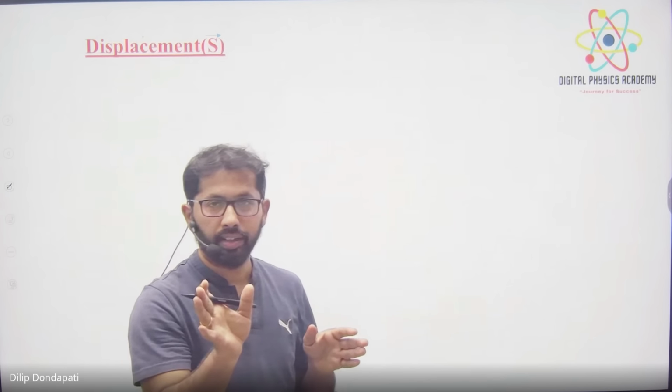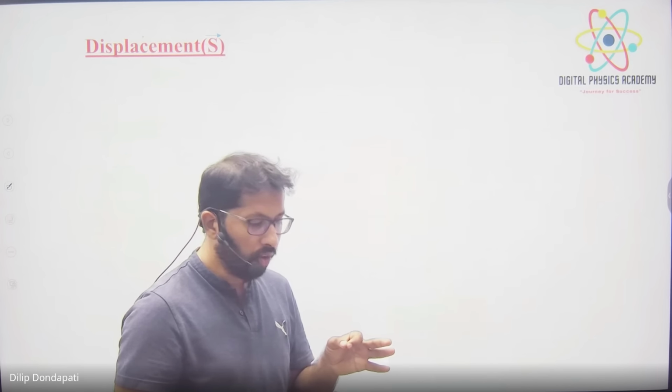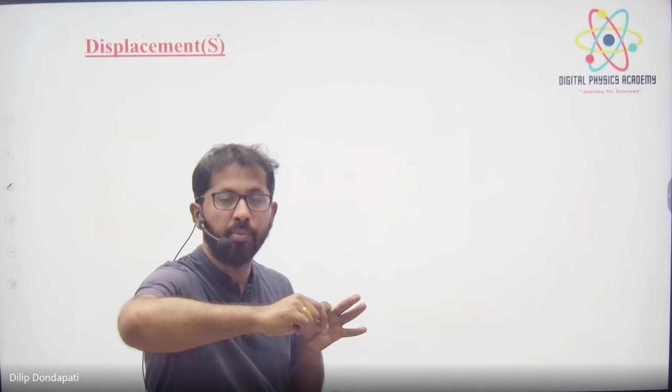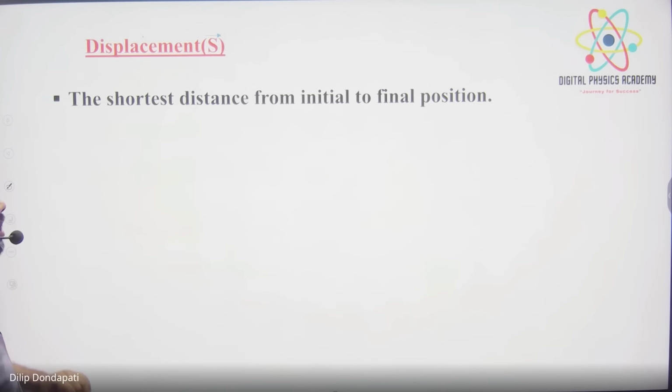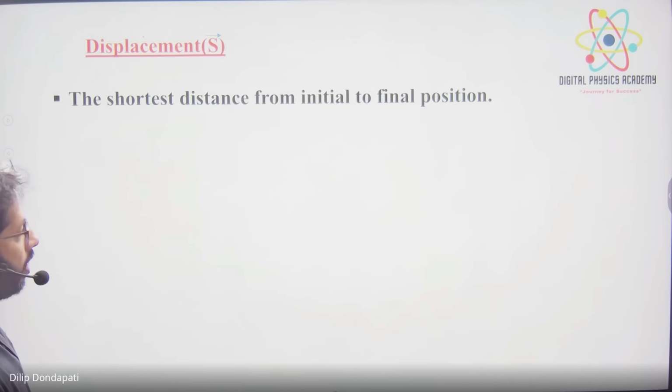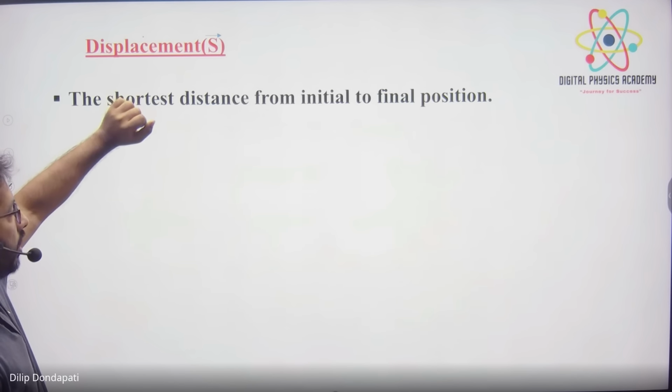Wherever you go does not matter. Where you started, the initial position, and where you came to, the final position, just draw one line. That line represents displacement. The shortest distance from the initial to the final position is called displacement. And is it a vector quantity or a scalar quantity?